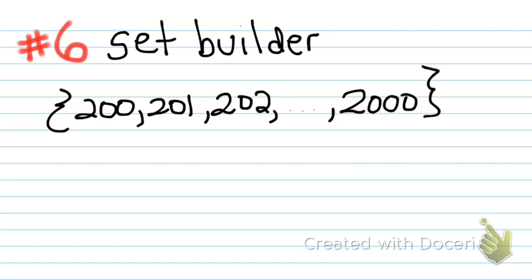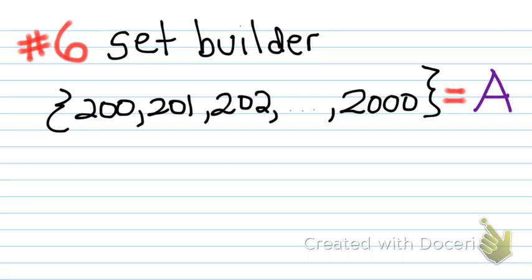This is a finite set, and they label sets using capital letters, but they label elements using a lowercase letter. A capital letter is used to label sets. So this is set A.